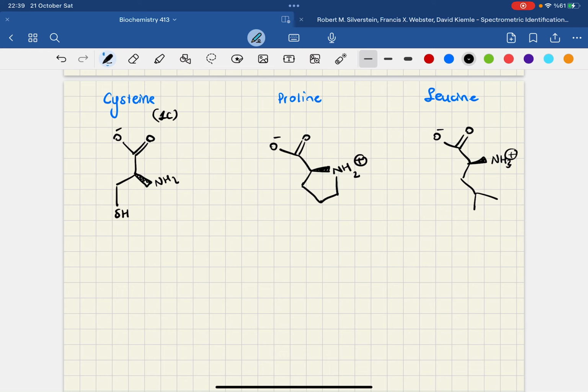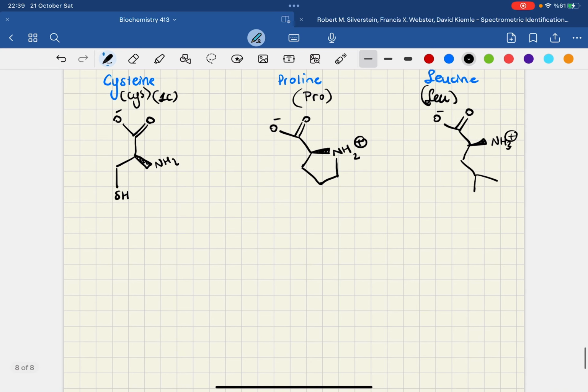Now leucine is abbreviated as Leu, the first 3 letters of it. And similarly also we have pro over here, and we have cis over here. These are the first 3 letters of the amino acid. All right, and then let's continue with isoleucine.